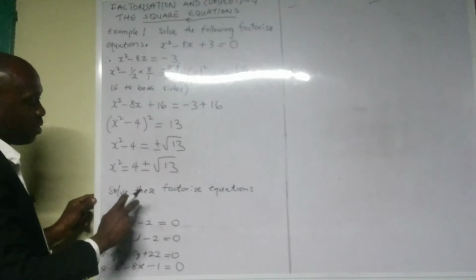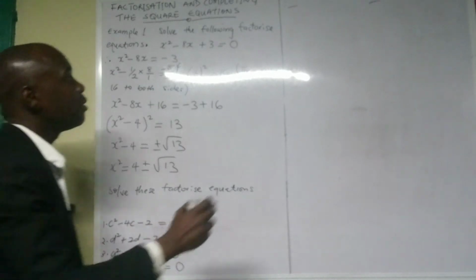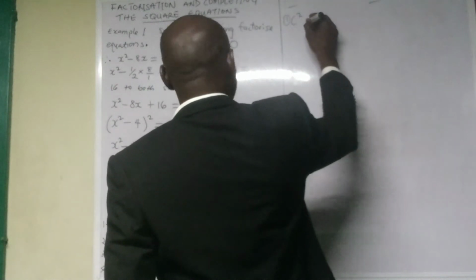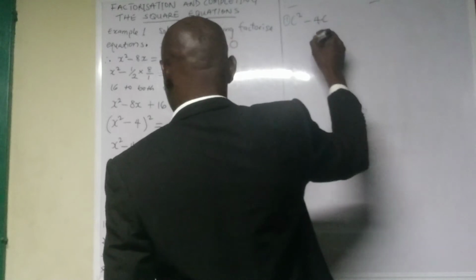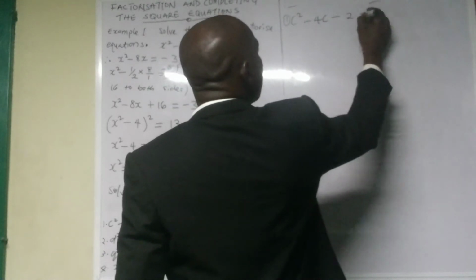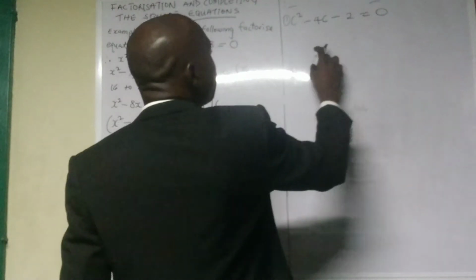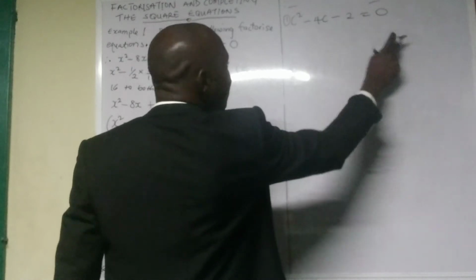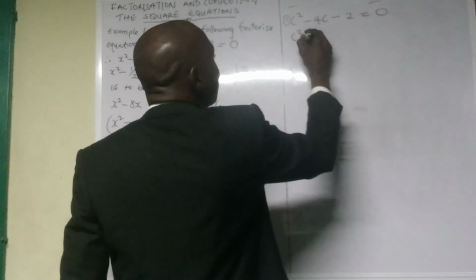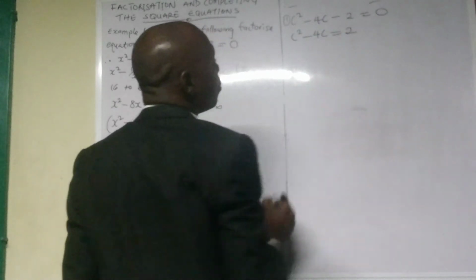They said solve the factorizing equation. Let's pick the first one: c squared minus 4c plus 2 equals 0. With this one, we follow the same procedure. So we transfer the 2 to this side, minus 2. It will now give us c squared minus 4c equals minus 2.